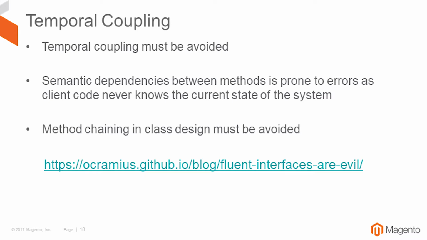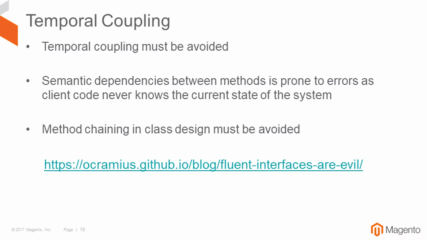Next one, temporal coupling. You can see that quite a lot in Magento's legacy code. And if somebody is not familiar with what temporal coupling is, it happens when you have methods which should be called in a specific order to achieve some result.